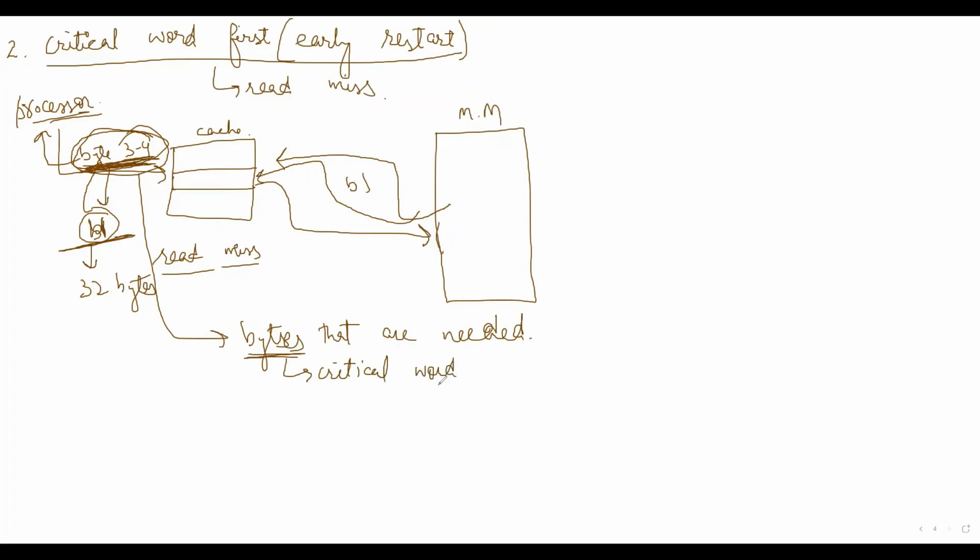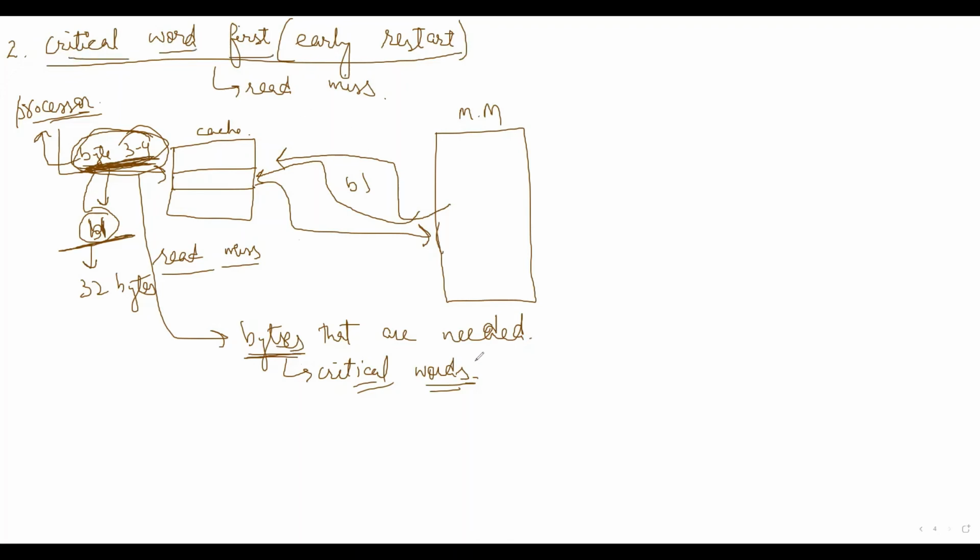So I am getting the critical word first from the main memory, and I am sending that word to the processor, and my processor will use that particular word instead of waiting for other words. As a result, this particular technique is also called critical word first.